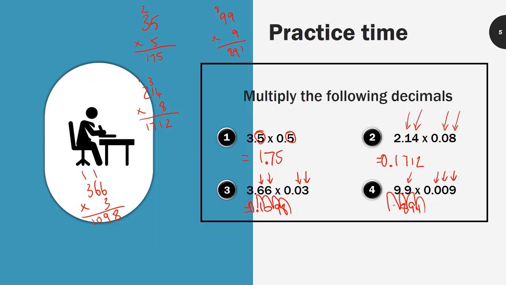I've got a space. So I've got to add in a 0 there, and then another 0 with my decimal point. So my answer there would be 0.0891. So if you have a smaller number than the amount of decimal places that you have, you just add in a 0, okay, to make up that extra decimal place, okay?